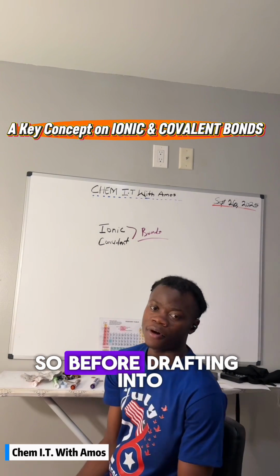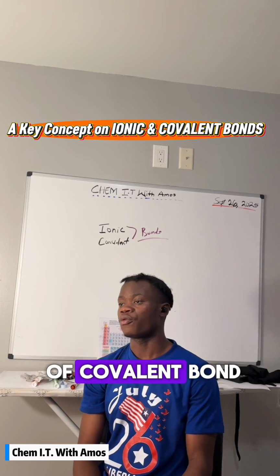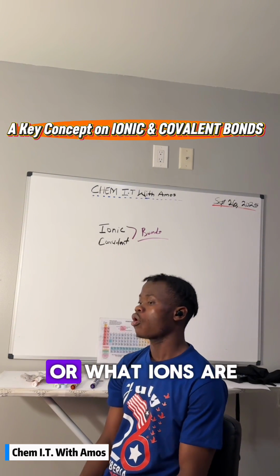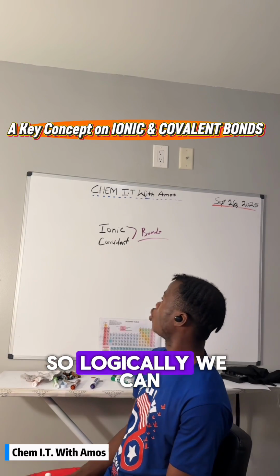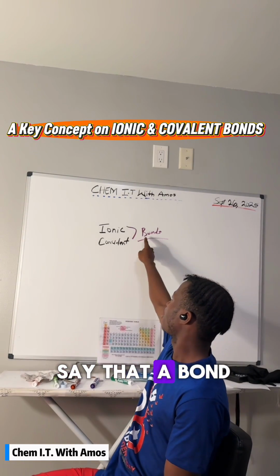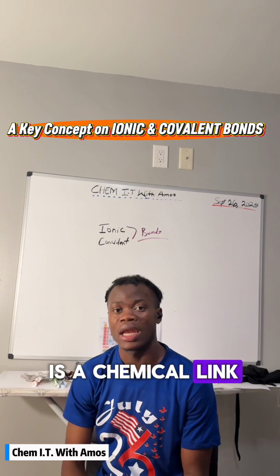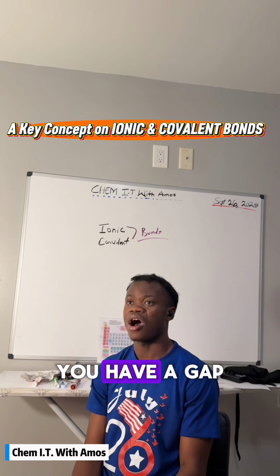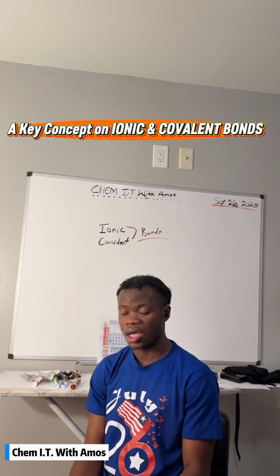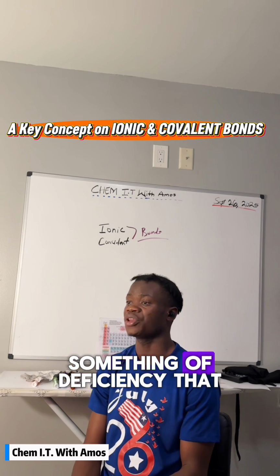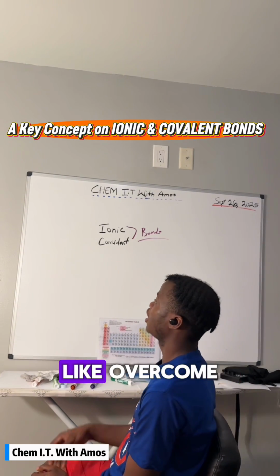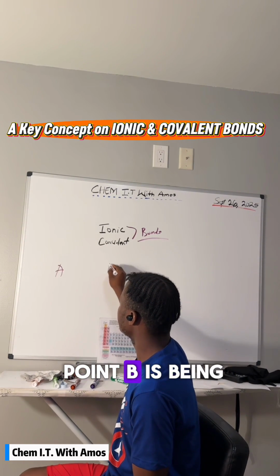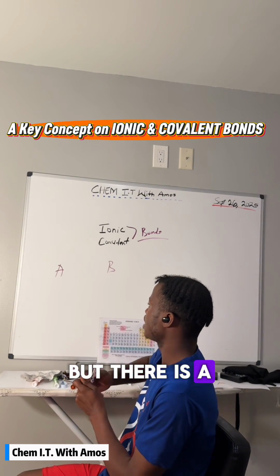Before delving into ionic and covalent bonds, you should first understand what a bond is and what ions are. Logically, we can say that a bond is a chemical link between atoms, something that connects atoms together. Let's say, for instance, you have a gap somewhere that you want to fill, or point A is here and point B is right here, but there is a gap between them.